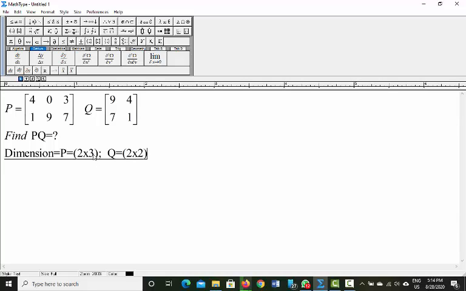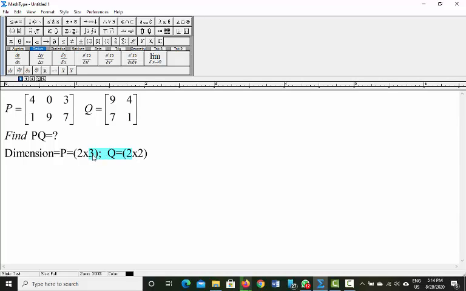So remember, if you want to multiply two matrices, the number of columns in the first matrix should match the number of rows in the second matrix. Here we have 3 columns in the first matrix, so we should have 3 rows in the second matrix, but here we have only 2 rows.